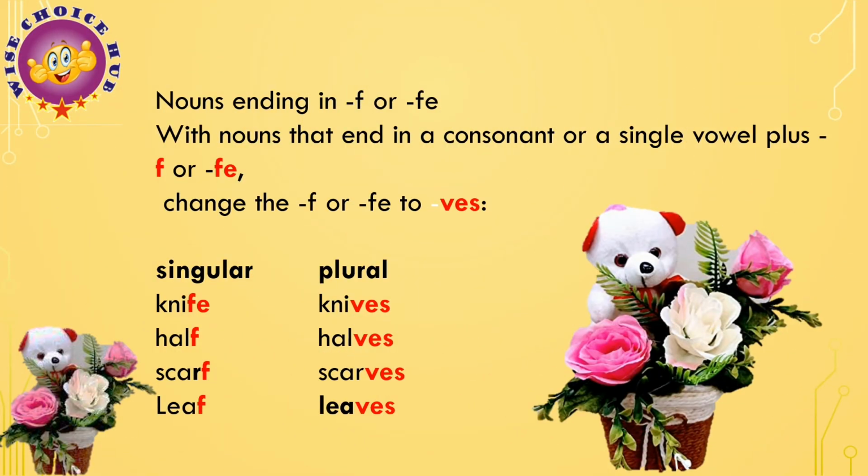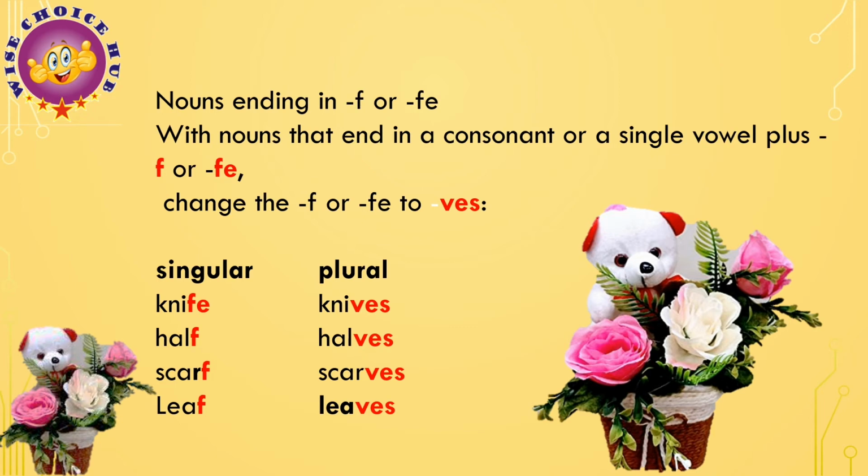The next rule is for the nouns ending in f or fe. The nouns that end in a consonant or a single vowel plus f or fe. What you need to do is change that f or fe and add ves.